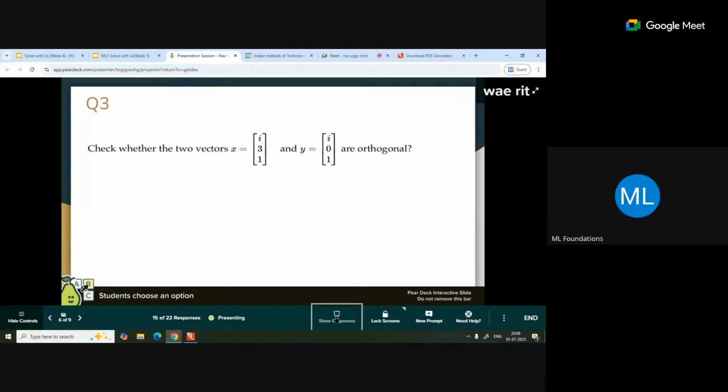So if we take a different combination, let's say A dot B is equal to A transpose B conjugate. B dot A is B transpose A conjugate. So only these two are possible. The other way around will be a different answer.